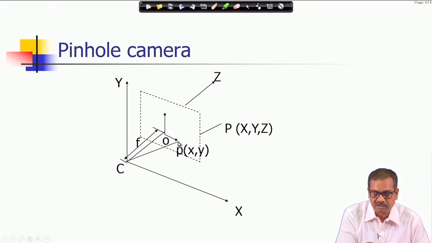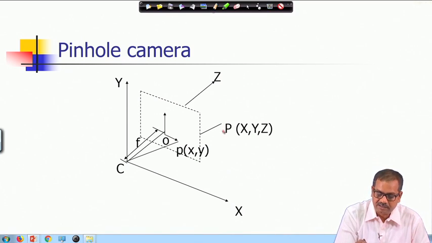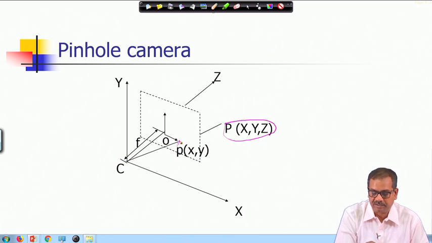The point of intersection is the image of the corresponding three-dimensional point. The thing you should notice here is that we are interested in the mapping of physical three-dimensional coordinates in the scene to the corresponding two-dimensional image point in the image plane.